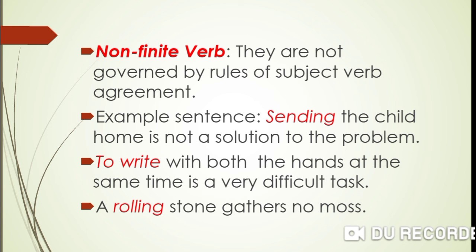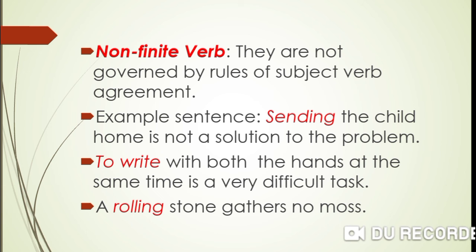Example sentence, you can see: sending the child home is not a solution to the problem. So here sending is a non-finite verb. Why? Because there is no effect of any subject-verb agreement.